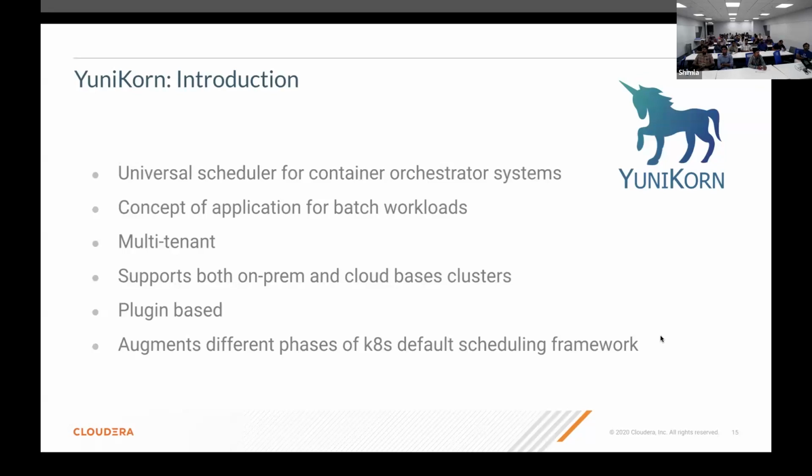In case of the default scheduler, you just submit a pod, and that pod is considered as one job. But in case of real jobs, you have a bunch of pods. All of these together are considered as an application from the point of view of Unicorn.